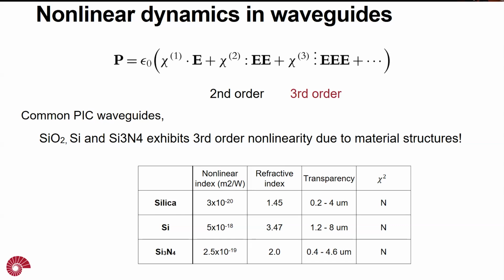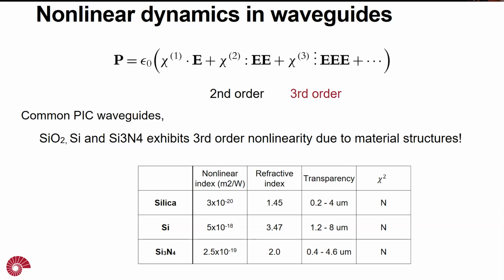We have silica, right? And its nonlinearity is around, let's just deal with the orders of magnitude. From silica to silicon, what happens? 10 times, right? No, 100 times. From silicon nitride to silicon, 10 times. And the refractive indices are actually very different. The transparency windows for silicon nitride, not bad, right?